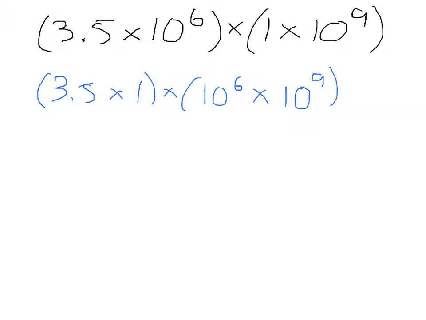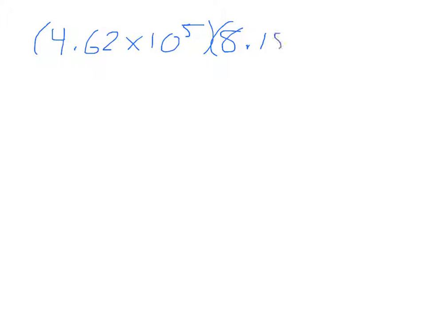Well, 3.5 times 1 is just 3.5. And 10 to the 6th times 10 to the 9th is multiplying two powers that have the same base, and when we multiply two powers with the same base, we add the exponents. So there are approximately 3.5 times 10 to the 15th ants in the Amazon rainforest. I'm never going to the Amazon rainforest.